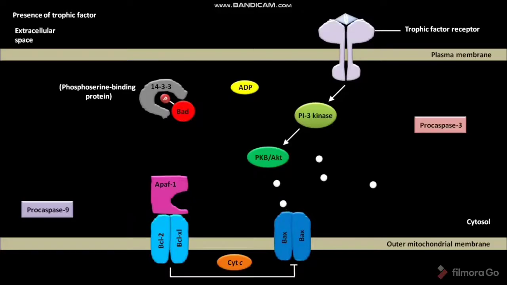As a result, the cytochrome C cannot be released from mitochondrion. So the cytosolic APAF1 cannot form an apoptosome with cytochrome C. This prevents the activation of caspase cascade. As a result, the cells survive.